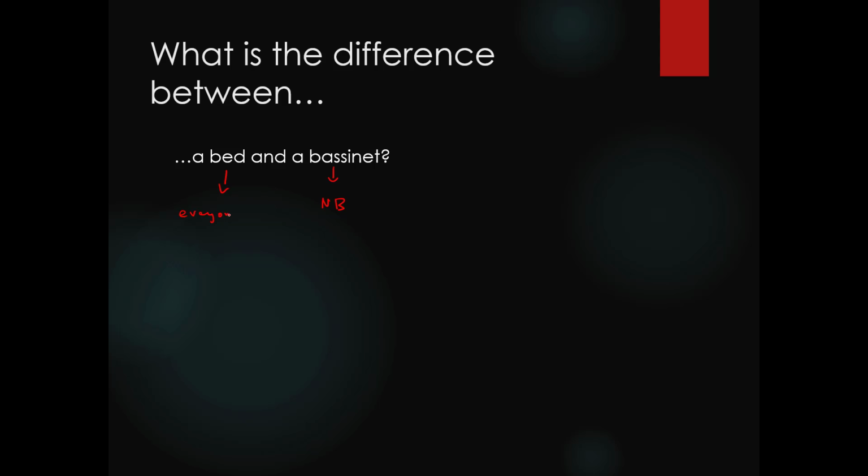Everyone else, adults and children, gets a bed. So a bed goes to anybody that is not a newborn. And that's really important because if a baby is born on the way to hospital, that baby is not a newborn and therefore gets a bed, not a bassinet, even though they may technically be in a thing that looks like a bassinet.